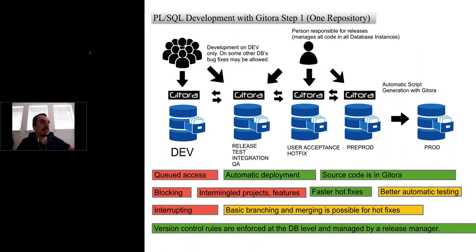So even with this picture, if Gitora is installed to every database in the deployment pipeline, in this case, you can easily do an emergency fix in the test database and just take it through all your staging environments and deliver it to prod.